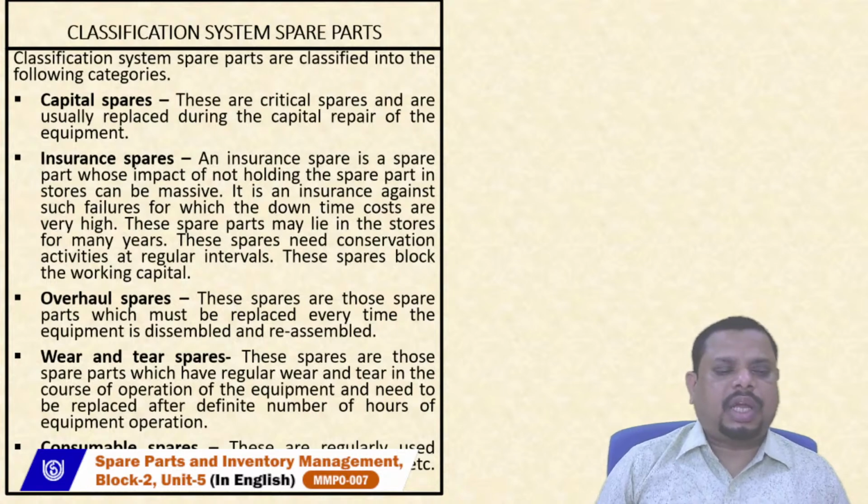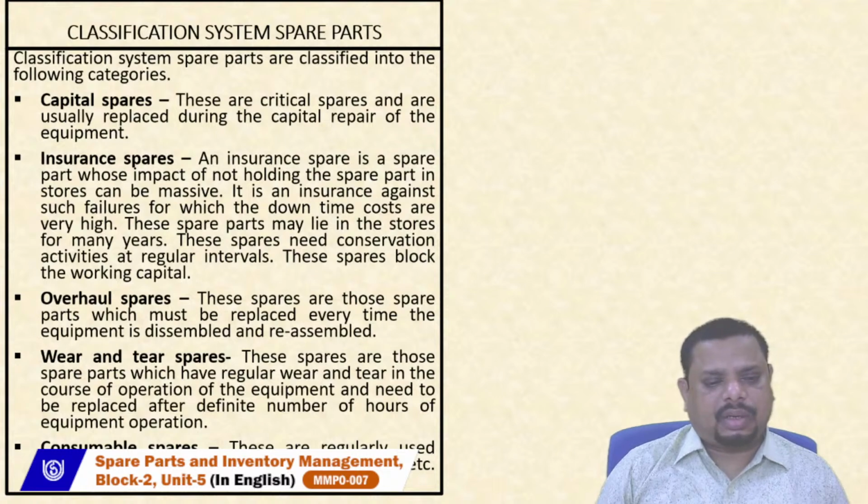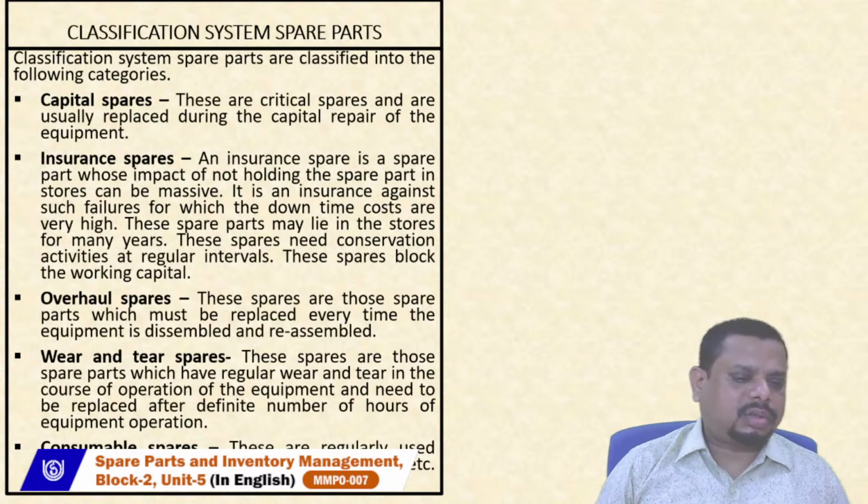The next one we have is wear and tear spares. Under wear and tear spares, these are spare parts which have regular wear and tear in the course of operation of the equipment and need to be replaced after a definite number of hours of equipment operation. For example, conveyor belts, belts of belt drives, belts of motors, belts of gearboxes.